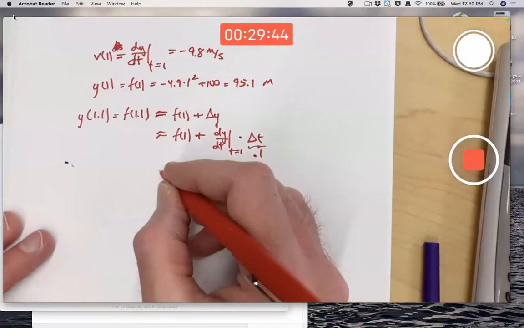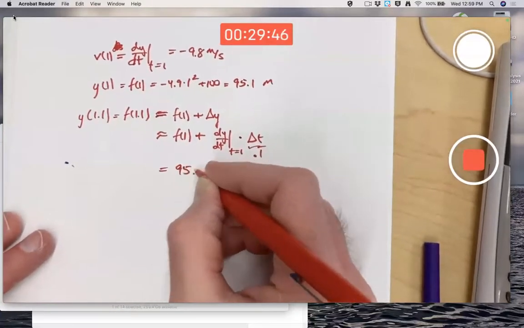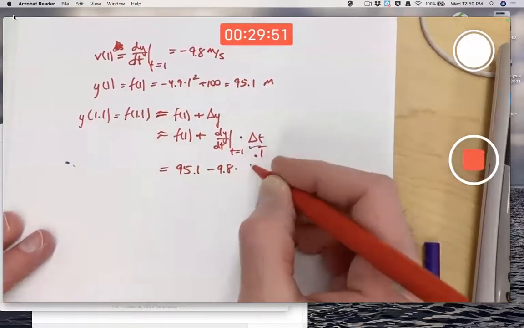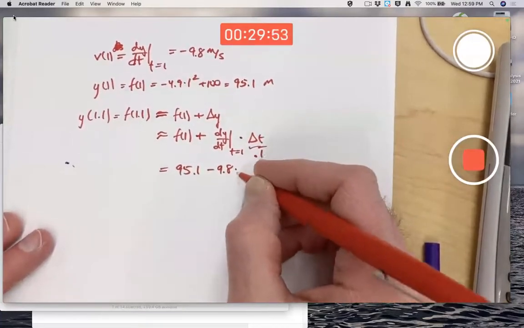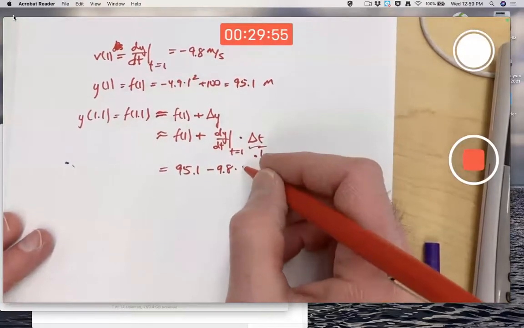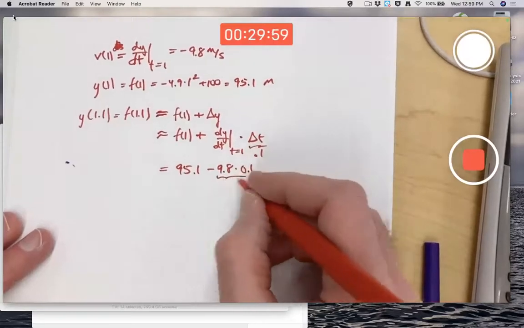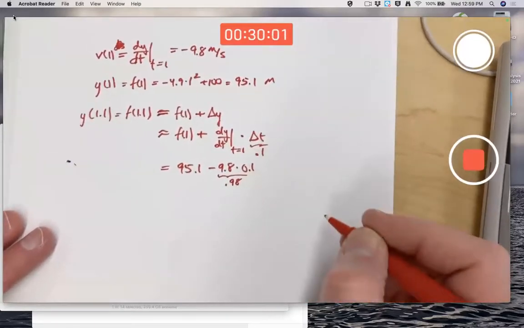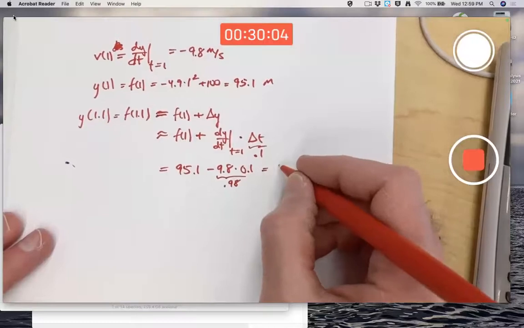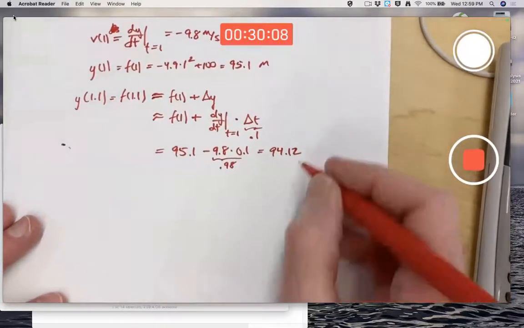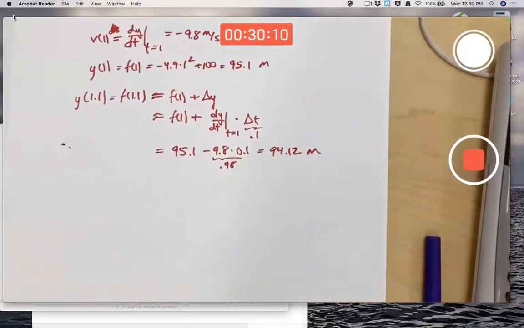The derivative we found to be negative 9.8. So what I need to do is take 95.1 minus 9.8 times 0.1. This is 0.98. And therefore your approximation is 94.12 meters.